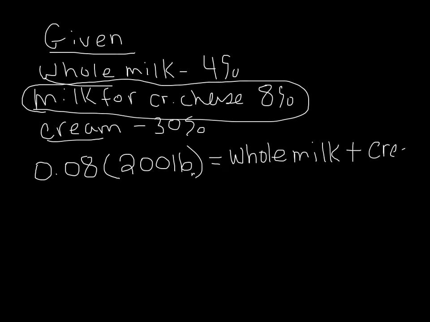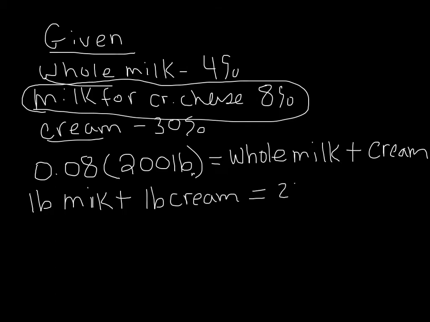So one way that you can think about this is that we know basically that our x plus our y is going to equal this at the end. So if you think about the amount of milk, so the pounds of milk, oops, I can't spell today, sorry, plus the pounds of cream are going to equal 200.